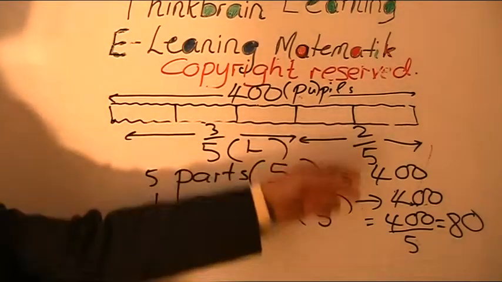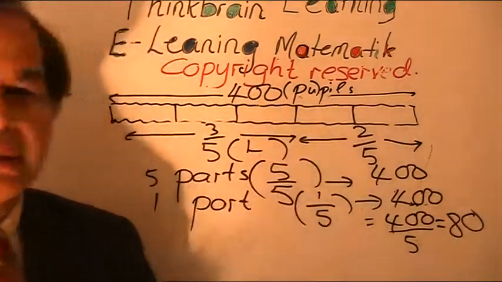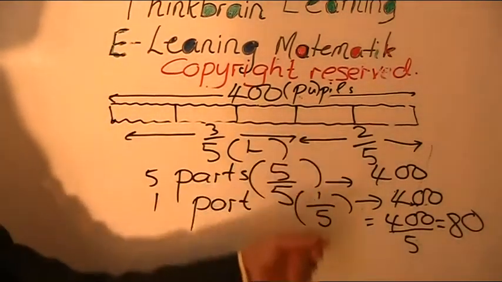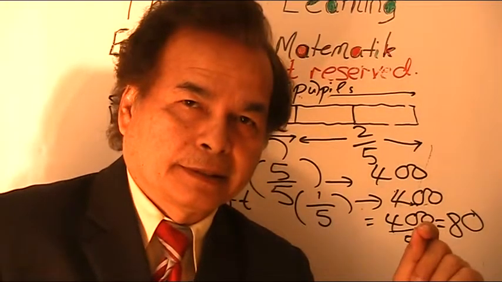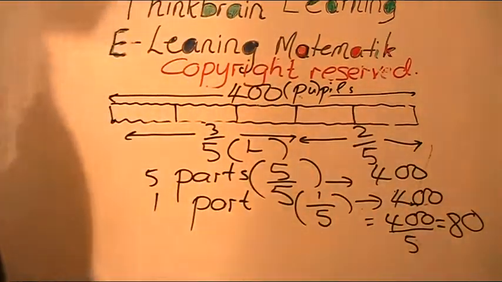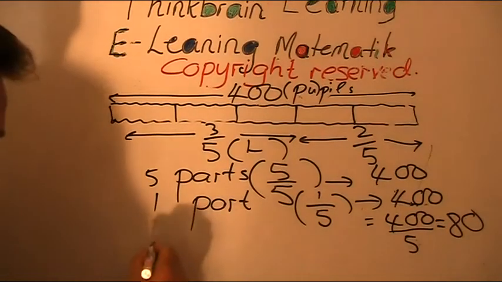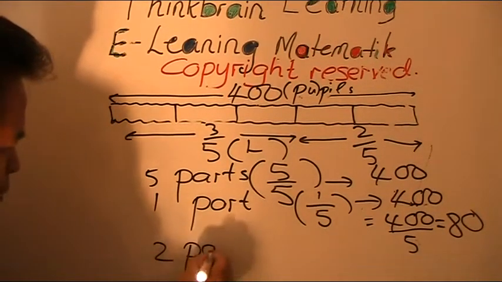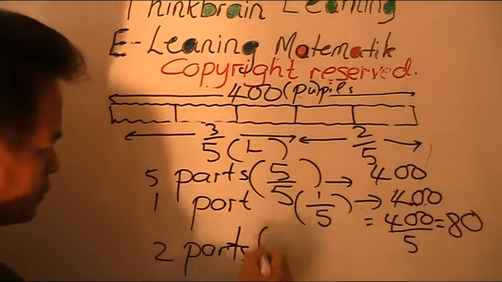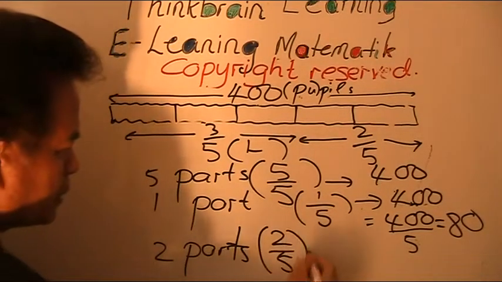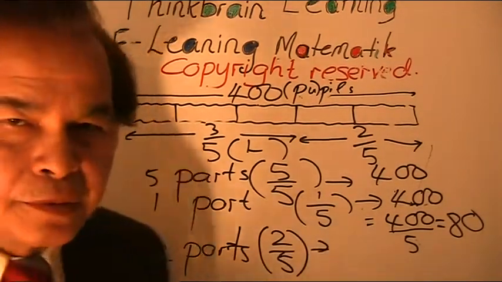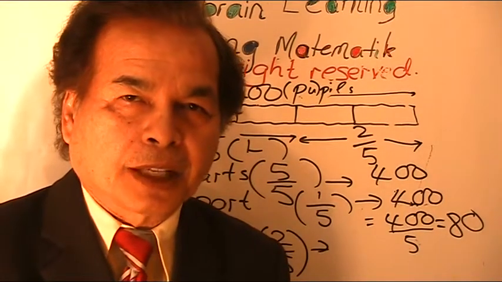1 bahagian ialah 80. Tapi yang dalam rajah ni berapa bahagian? Ya, 2 bahagian. Jadi apa kita buat? So that is 2 parts. That is 2 over 5 represent what? What do you do? Times or divide?